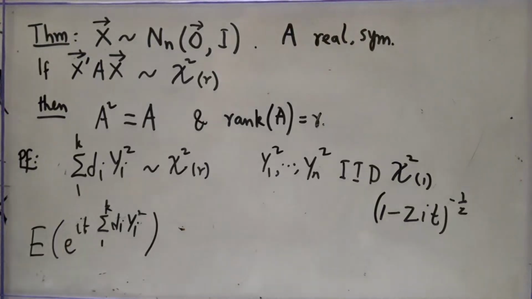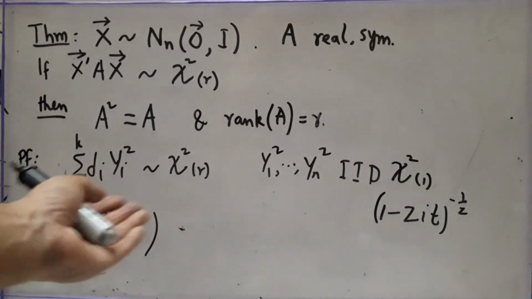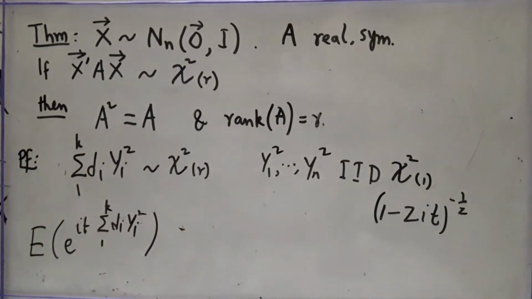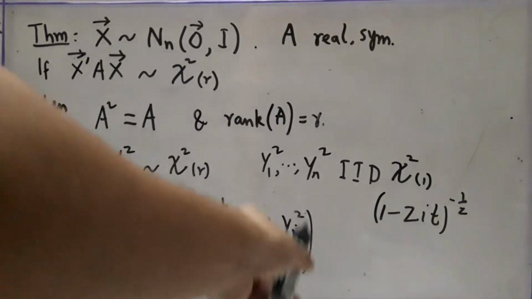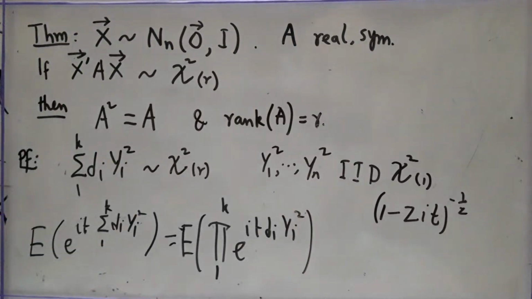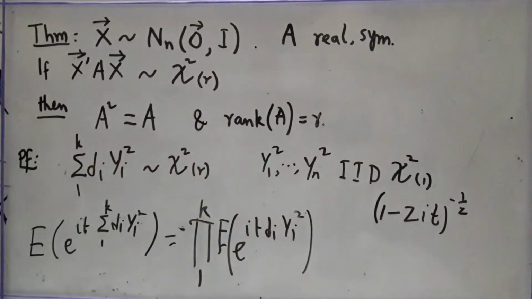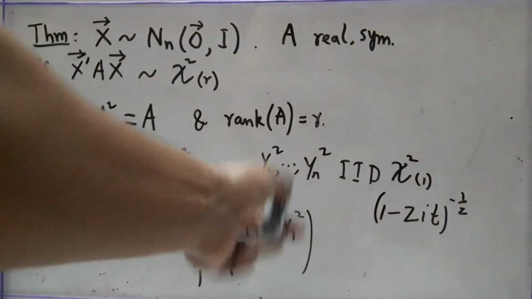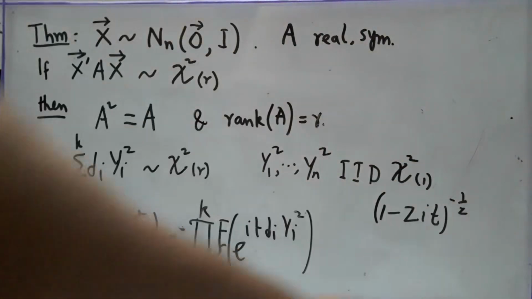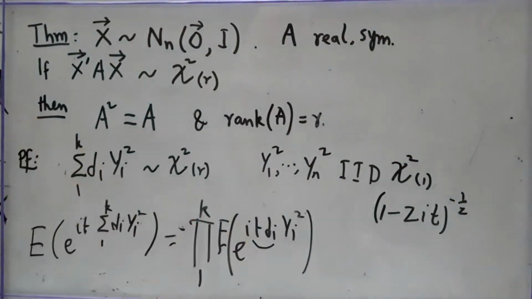It is this expectation, the characteristic function of this, so I just write it as a product. Since the yi squares are all independent, the expectation will split, and I quickly recognize that this is nothing but the characteristic function of yi squared, but in place of t I have t times di.